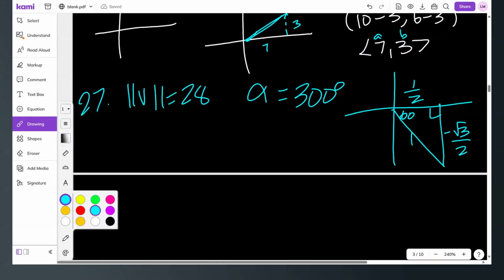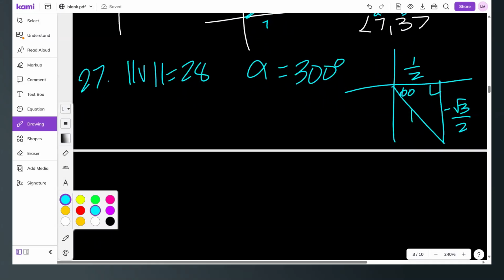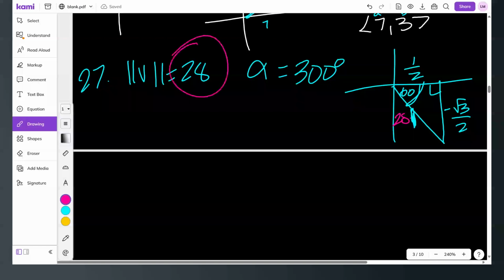All right, so 27 tells me the magnitude of this vector V is 28, and the angle the vector makes with the x-axis is 300 degrees. So I went 300 degrees, which gave me 60, and then I went on the unit circle and found my side lengths. This is on the unit circle where r is 1, so I'm going to multiply everything by 28 because that's what they told me.